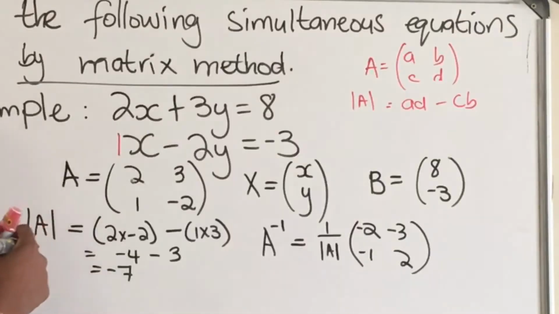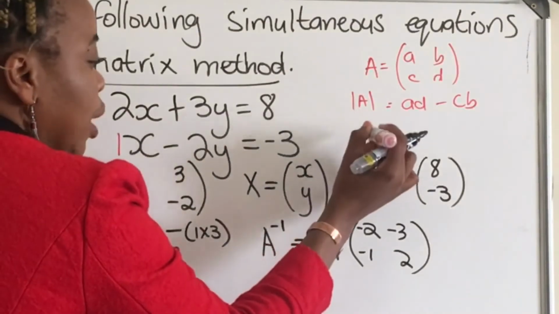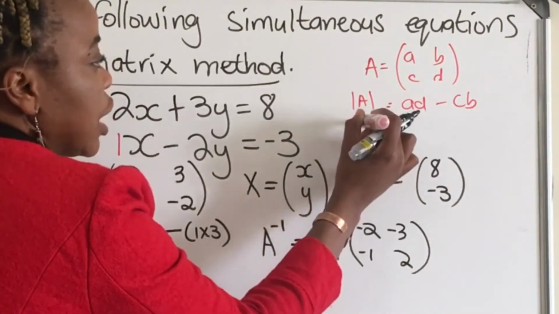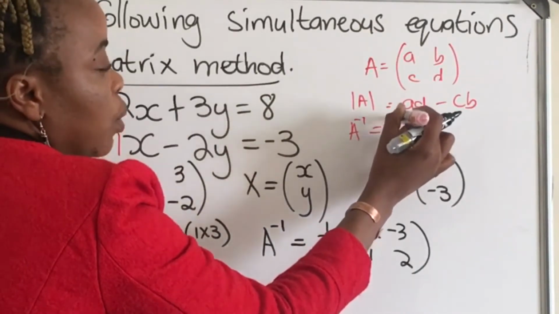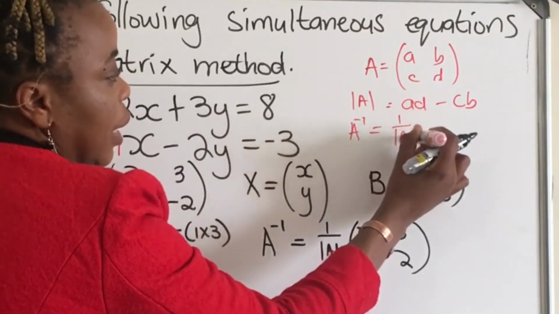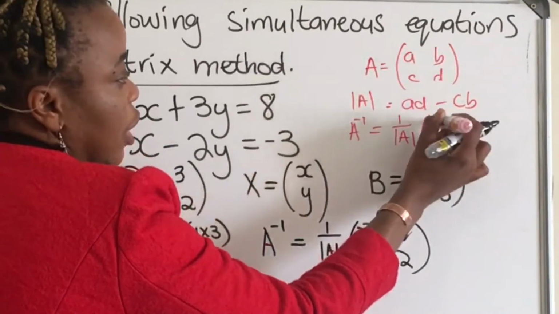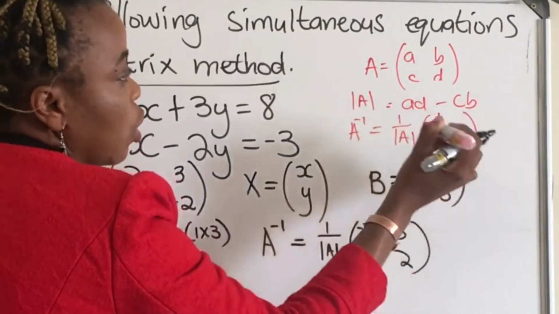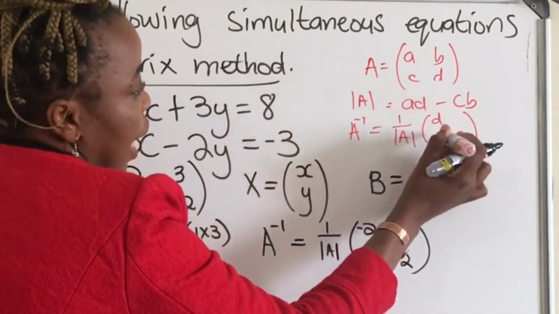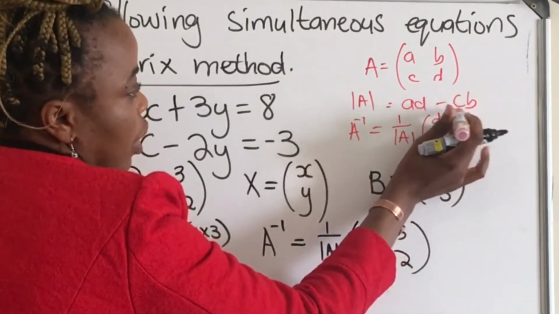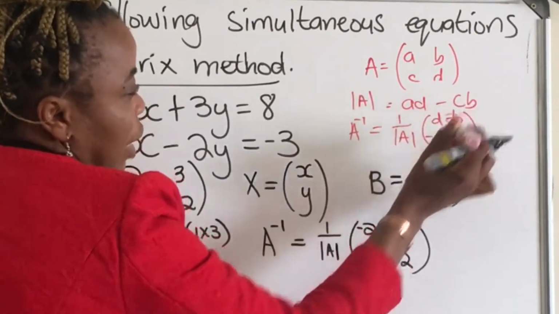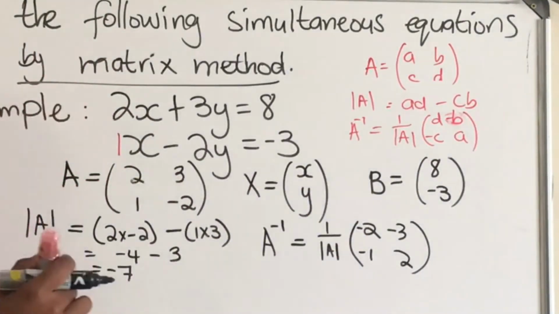Take note that if we want to find the inverse of a matrix with entries A, B, C, D, what we are going to do is say 1 over the determinant times the matrix where D goes to where A is, A goes to where D is, and C and B become negative. That's basically what we should take note of.